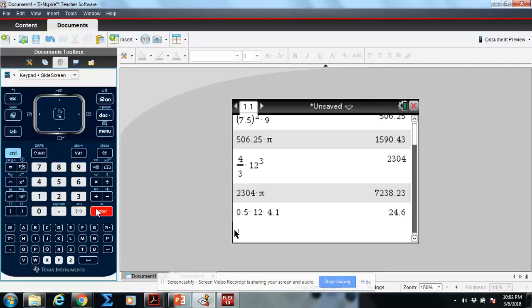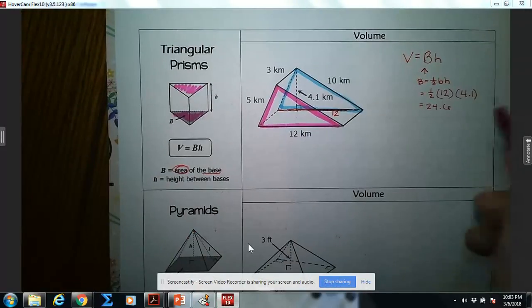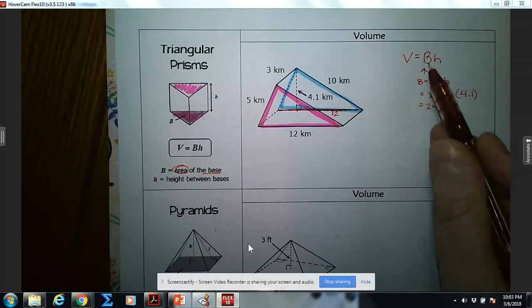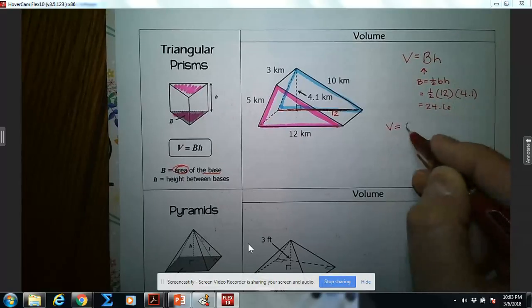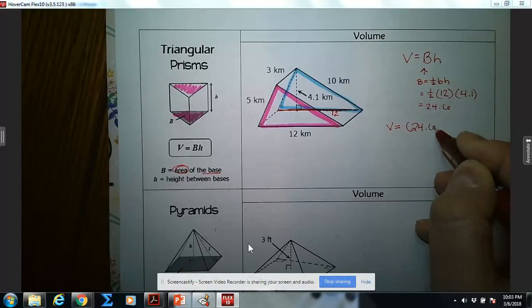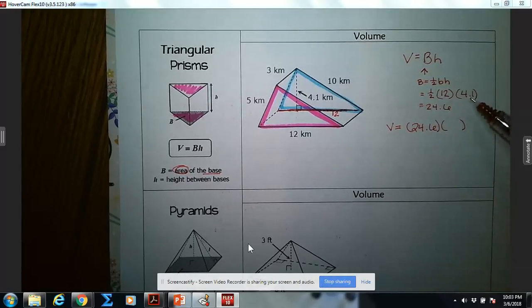If you have a really good memory for numbers, you might remember that from our surface area. I'm using the exact same pictures I used for our surface area and lateral area notes. So you may recognize these values. So our base area is 24.6. So back to the volume formula. Base area is now 24.6 times the height, but not the height of the triangle, not the 4.1.